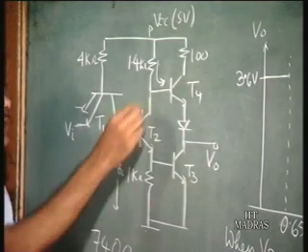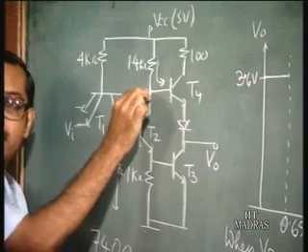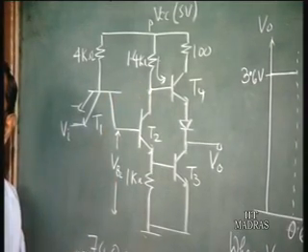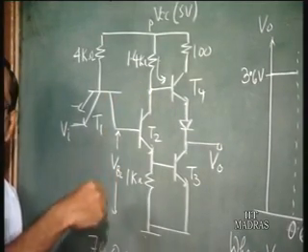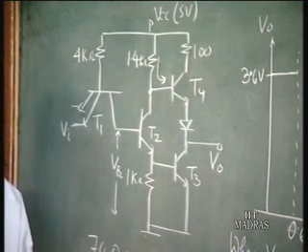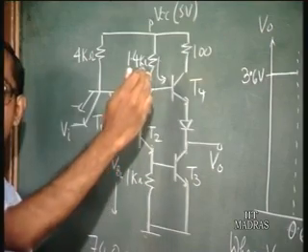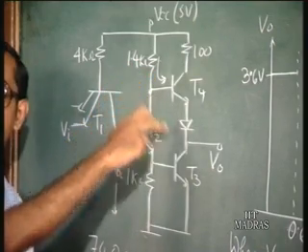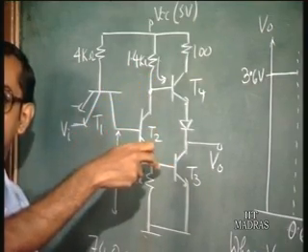So the voltage at this collector point is going to fall, with a gain of minus 1.4 with respect to the base voltage. As the base voltage keeps on increasing, this voltage falls by 1.4 times that.